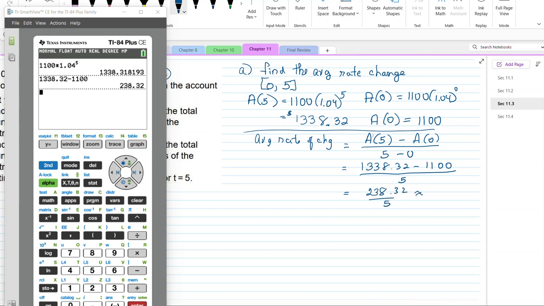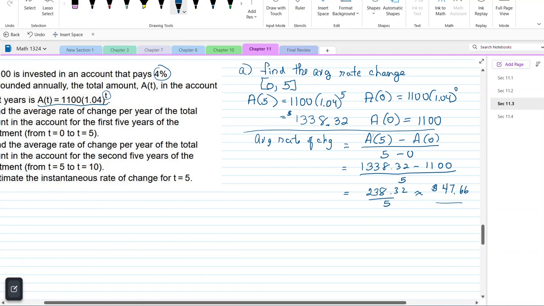So that's an approximate, because we're going to divide by the 5. And the rate of change is 47.66. Well, we could say 47, whatever. For the sake of this lesson, we're going to go with that as our average.